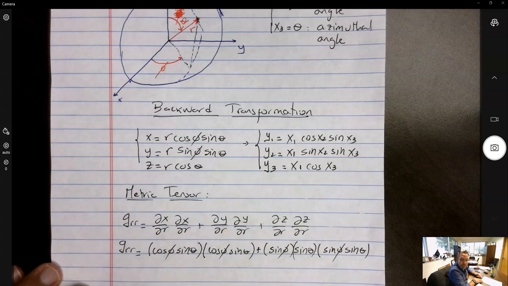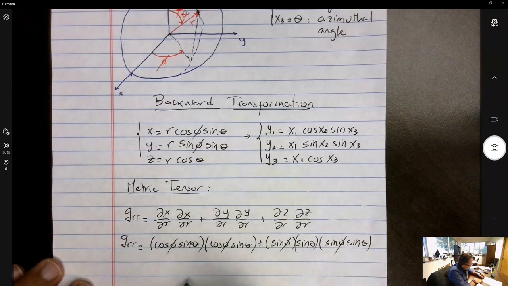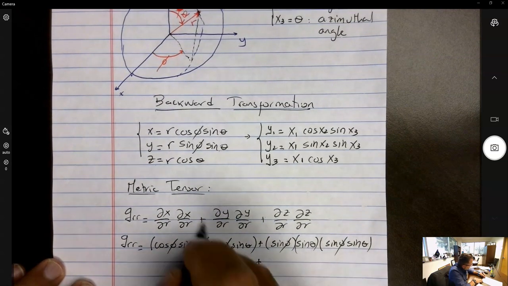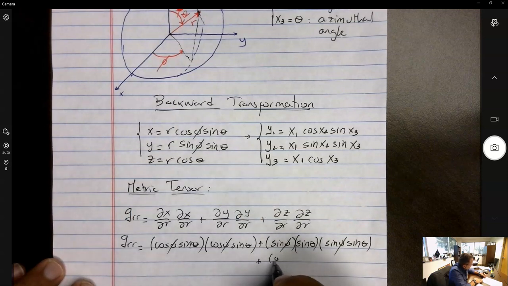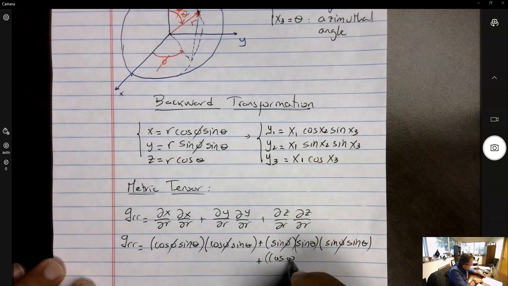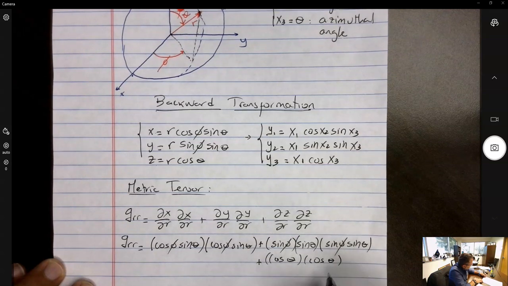And then the third one is plus dz/dr, which is cosine of theta, times dz/dr, which is cosine of theta.